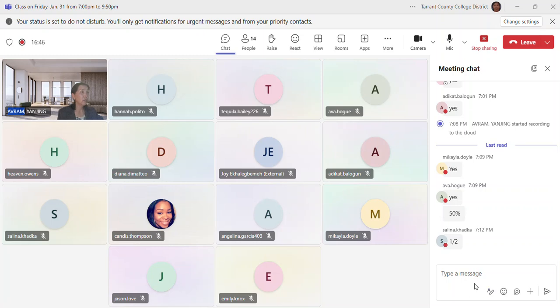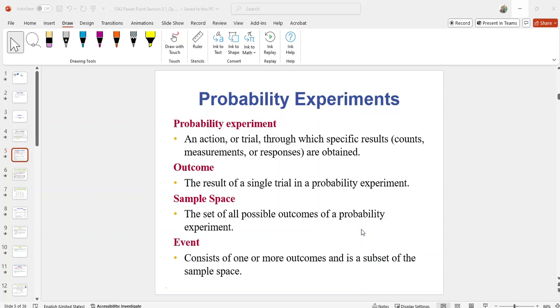Okay, 50%, one half, those are all correct answers, right? Yeah, one half is also 50%. Okay, so that is called theoretical. On paper, if you toss a penny, you will get a 50% head, a 50% tail, right?